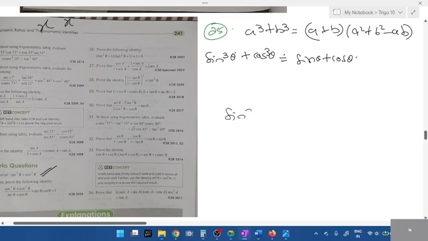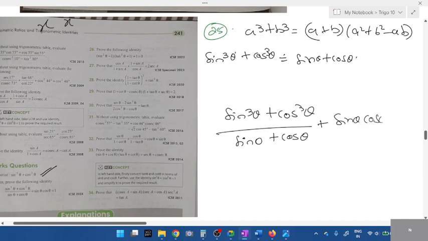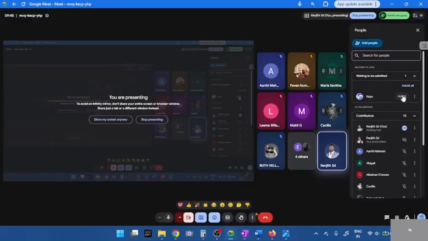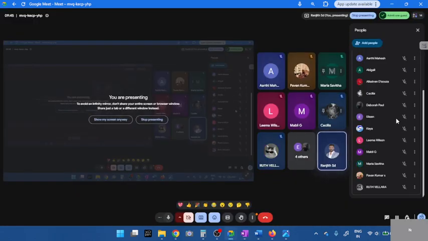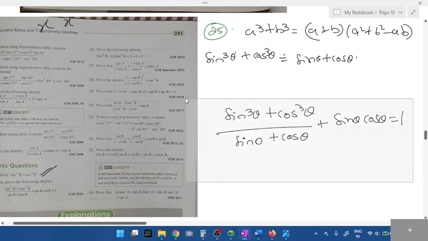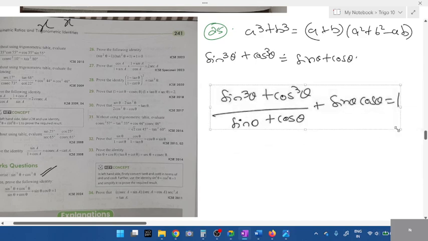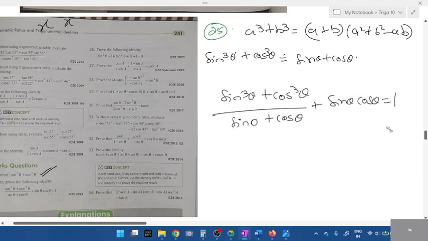Next we have to solve sin cube theta plus cos cube theta. Write the formula. Look at this question 25th. See, this is how they'll give you, students.